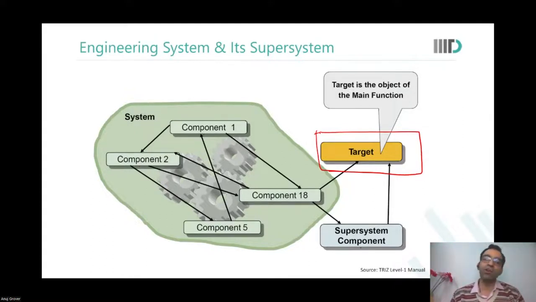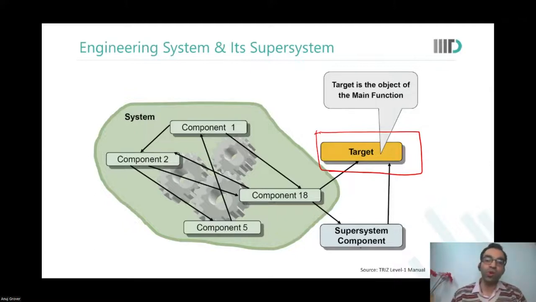Now there could be other super system components also. For example, the road. The car moves on the road. So the wheels of the car, for example, would rub against the road and therefore the car would move forward. Am I right?